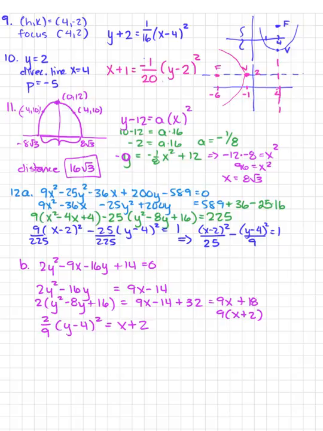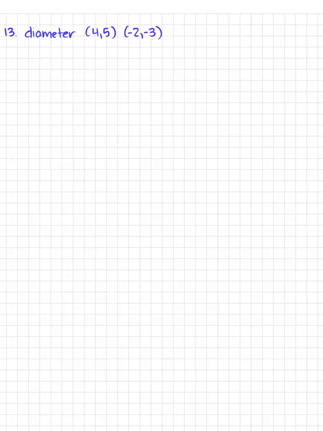Whew, on to the back. We're almost going to make it, but I'm not going to be able to do it all on the same page, so I'm going to go one more page. All right, last two problems. Number 13, it wants us to write the equation of a circle with diameter at the points 4, 5 and -2, -3. So we want to find the length of that diameter. So I'm going to do the distance formula.